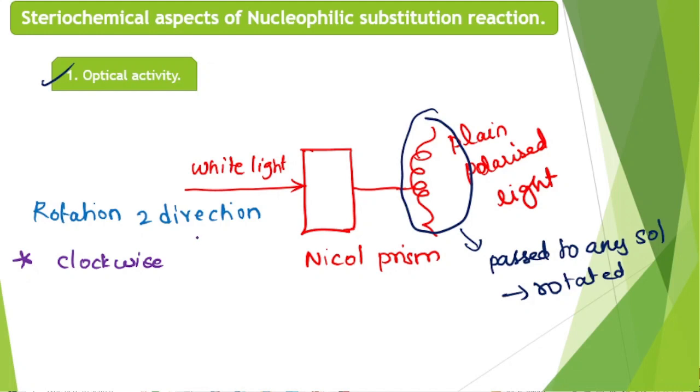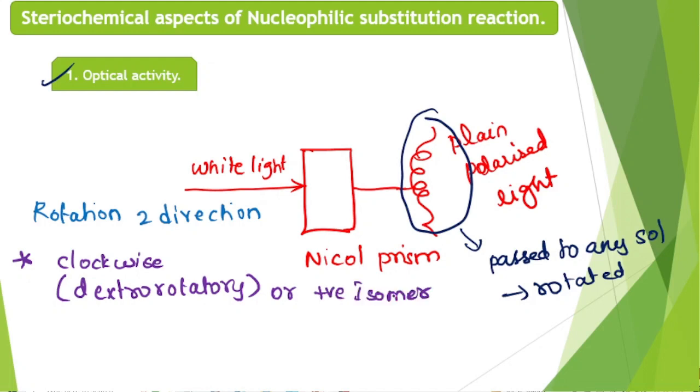Dextrorotatory isomer. Okay, I'll write the spelling here. Dextrorotatory isomers, or it can also be called positive isomers. Positive isomer. See how many names?